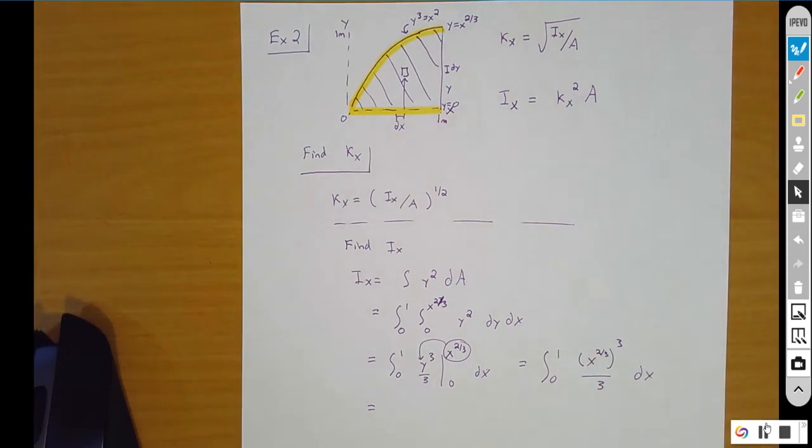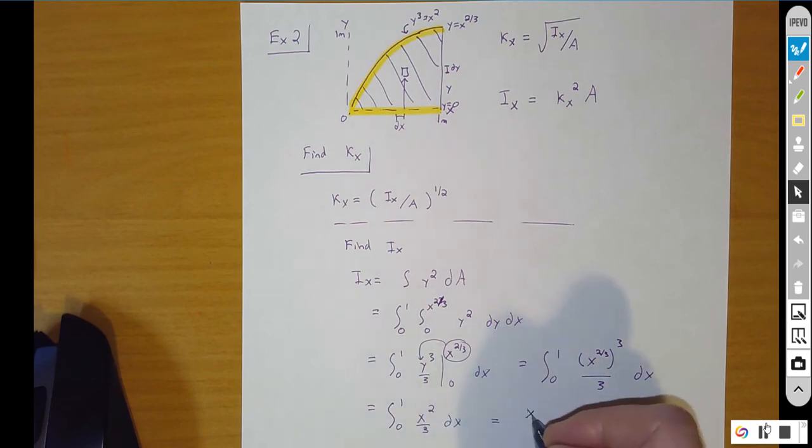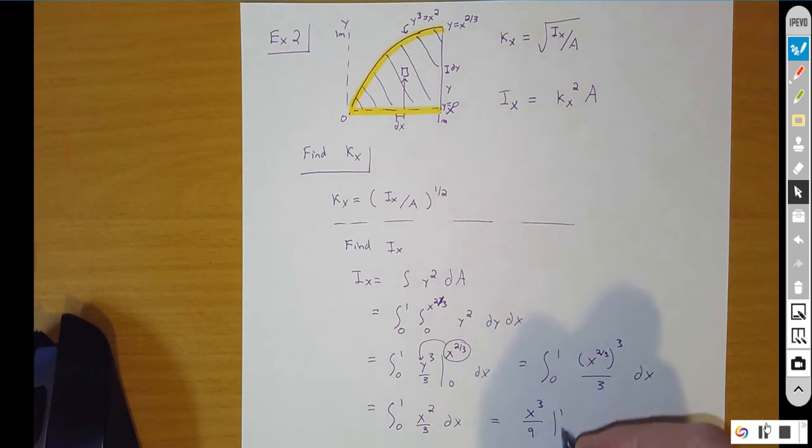And that'll simplify down into an x squared over 3, and it's all over 3 dx. So when we finish up this, we will get x to the 3rd over 3 times 3, which is 9. So we'll get 1/9, and that's meters to the 4th power. So it's 1/9.